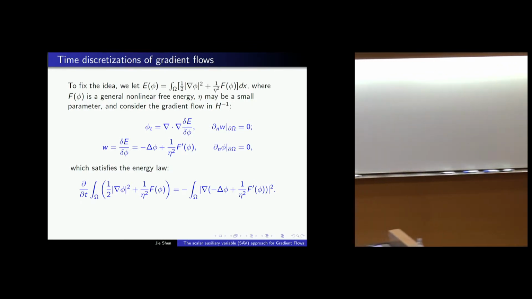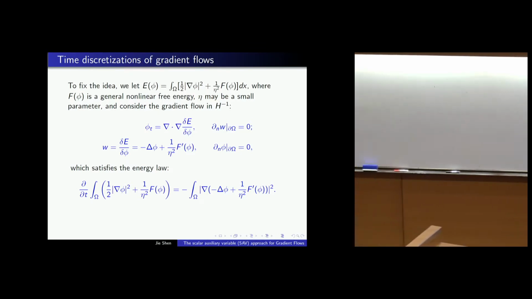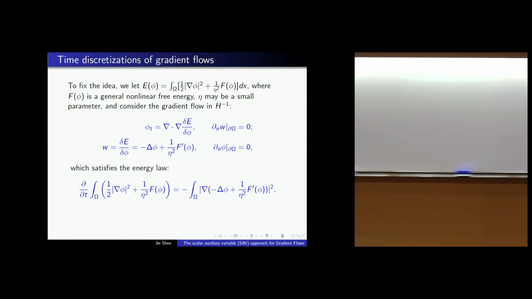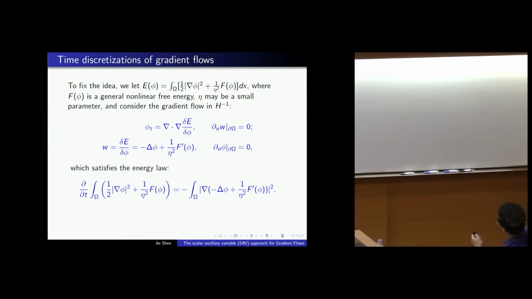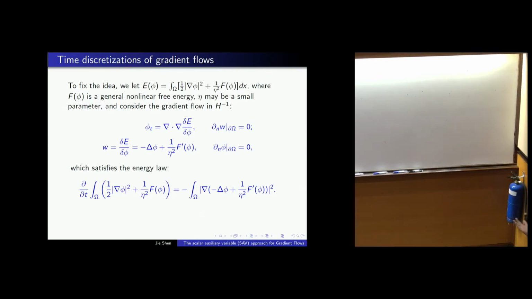So we are going to split the fourth order PDE into a coupled second order equation by introducing a new variable W to be the chemical potential. I put in particularly an extra large coefficient in front of it just to represent the stiffness possibly in the nonlinear coefficient.